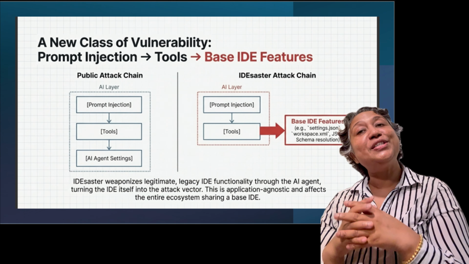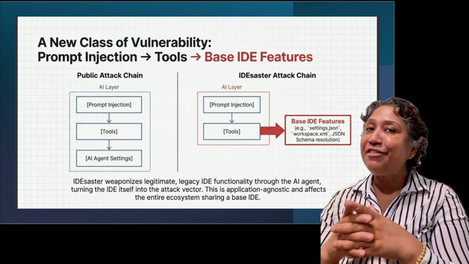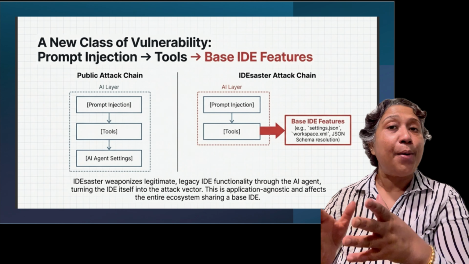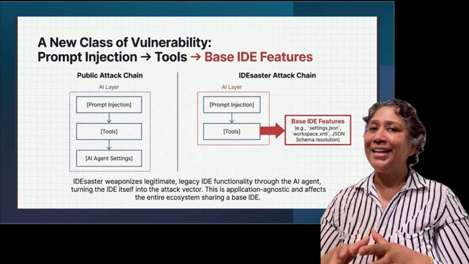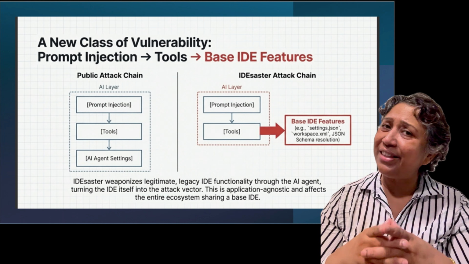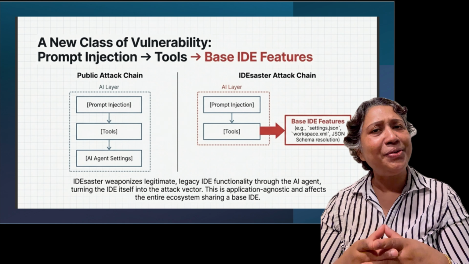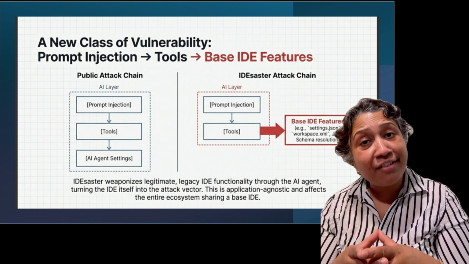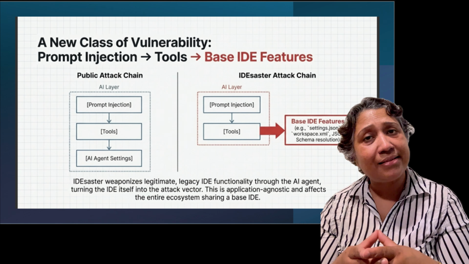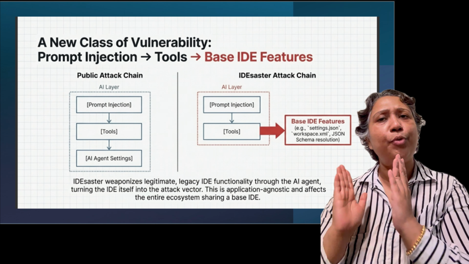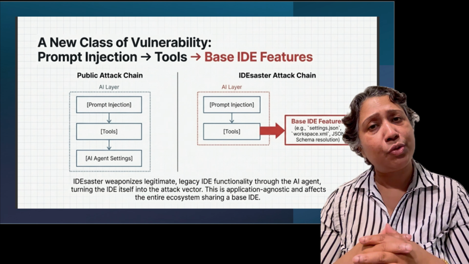Now, for the main event, what exactly is the IDESaster attack chain? This slide introduces the novel exploit chain that defines the IDESaster class: prompt injections, tools, base IDE features. It's the culmination of everything we've been building up. An attacker uses the AI to activate underlying IDE functionality to do something bad. So now let's break it down. Prompt injection, I've covered in my last video.